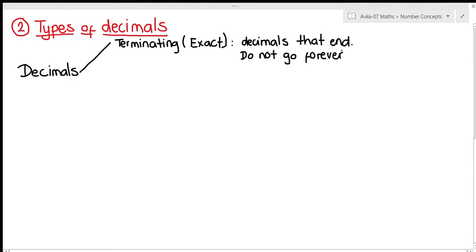An example will be, let's say, 0.124. It ends there, it doesn't repeat itself, it just ends there. Fantastic. Then there is another type of decimals that are called repeating decimals.